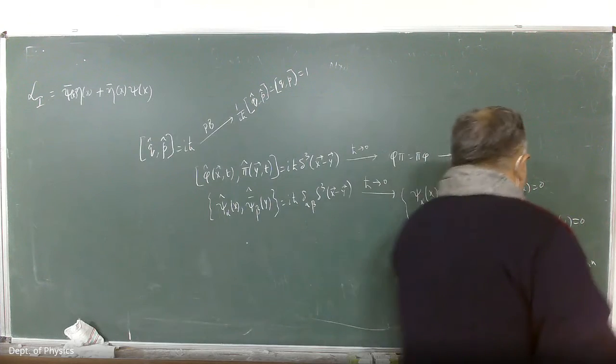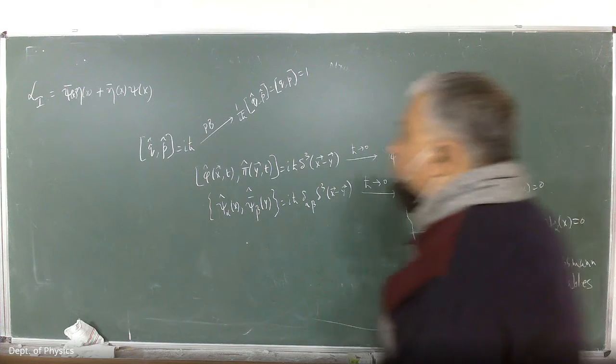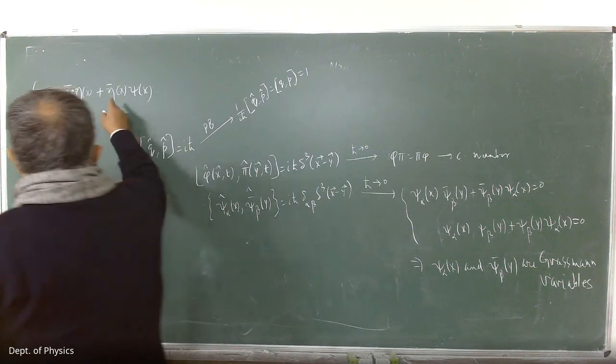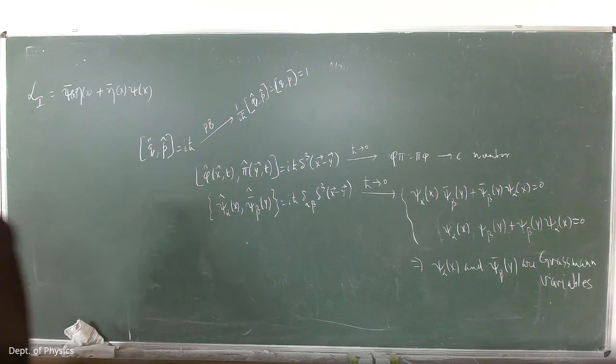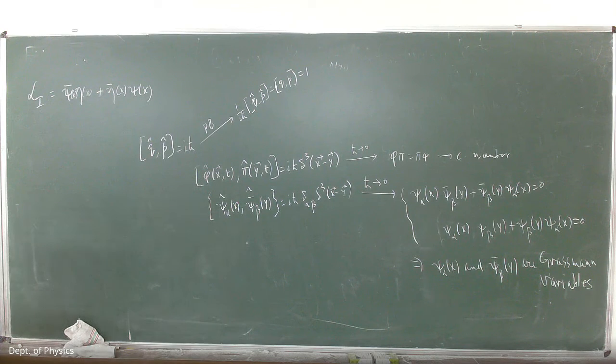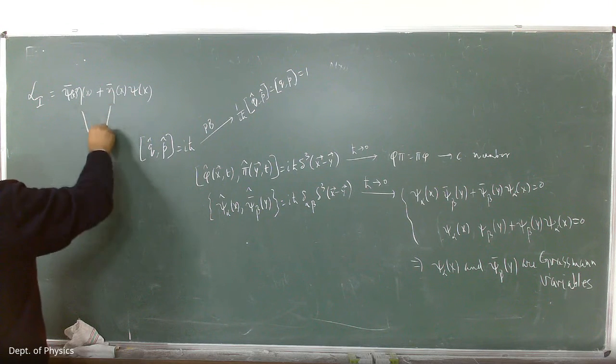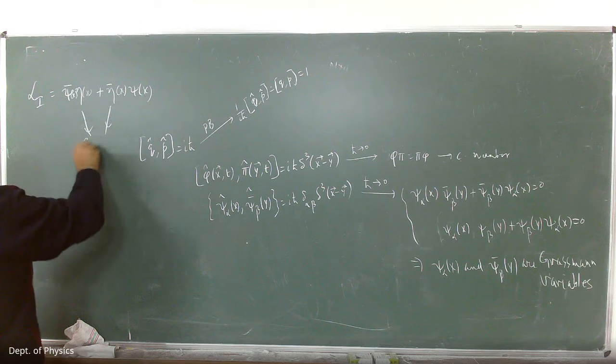Once they become Grassmann variables, you are compelled to treat these sources also not as operators, but as Grassmann variables. So these sources are also Grassmann variables.